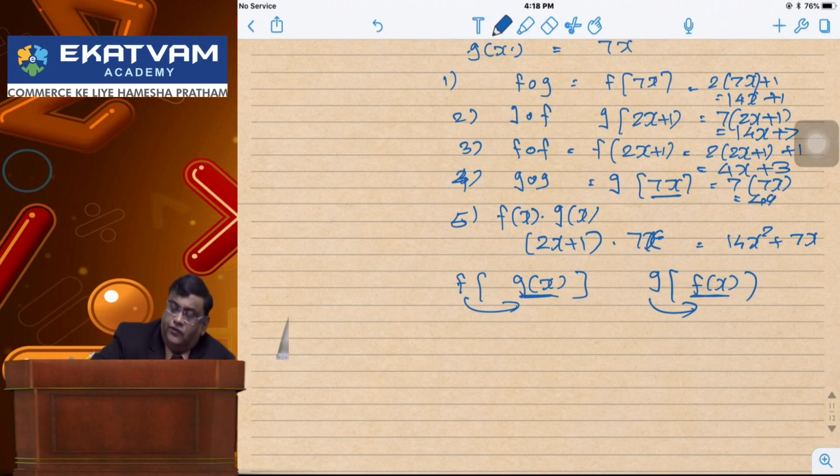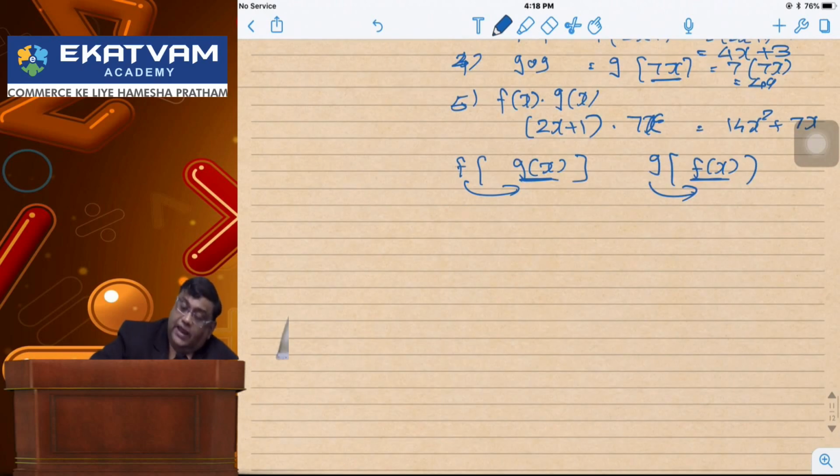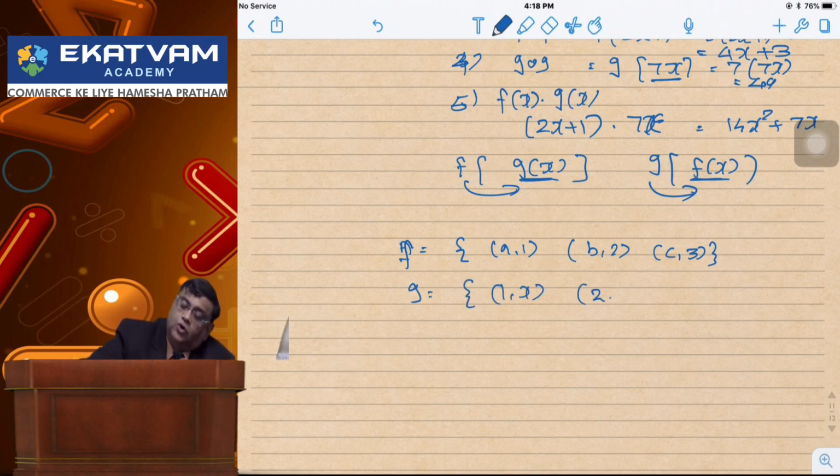Well, and if that is true, then a very important thing is about sets. Suppose it is A = {1, 2, 3} and g is 1→x, 2→y, 3→z in terms of sets, then tell me what will be f of g.